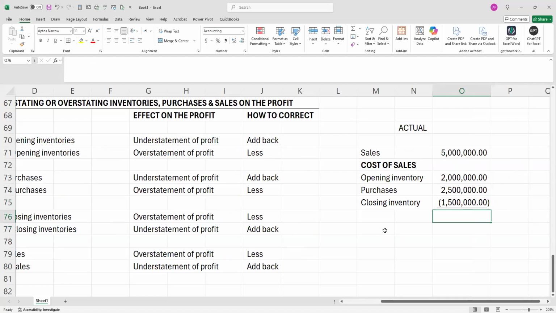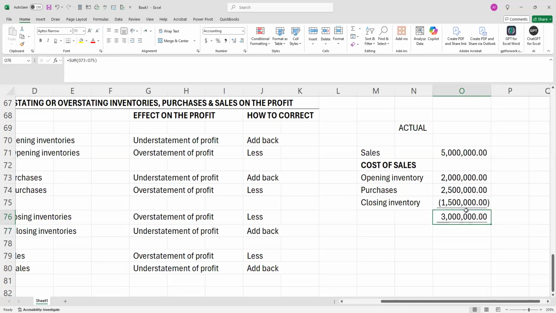So that at the end of the day, this will be our cost of sales, and finally our gross profit here.